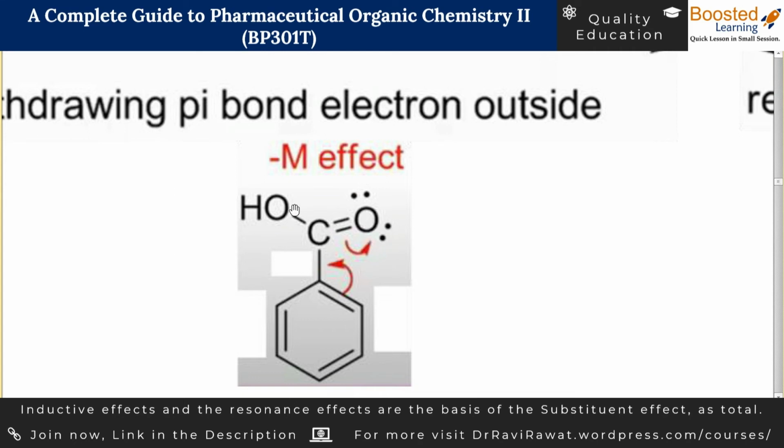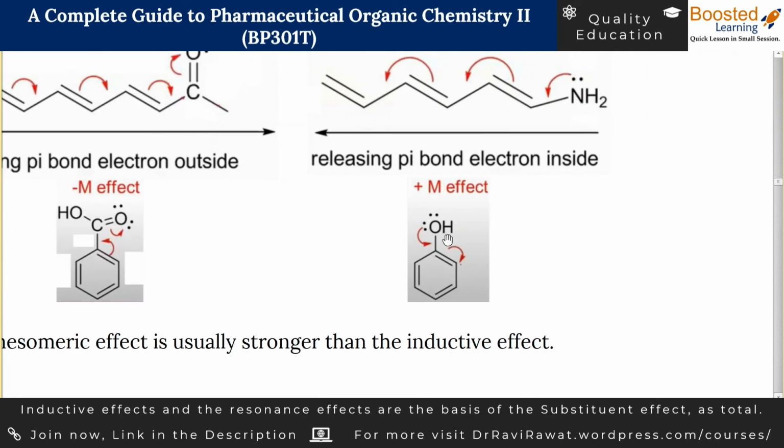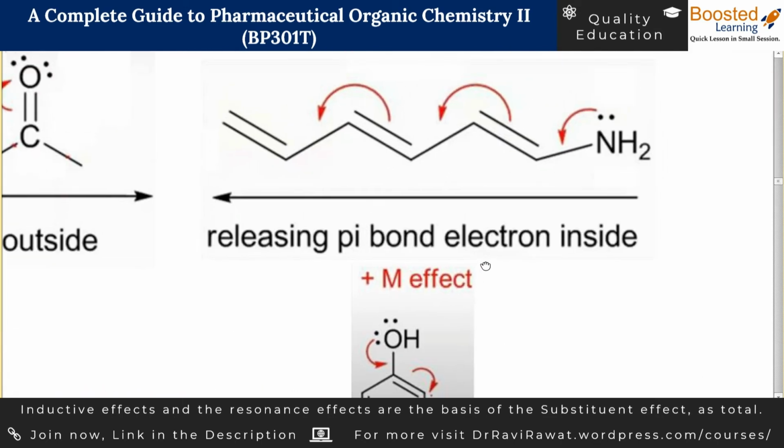So COOH can exert negative inductive effect and the negative mesomeric effect. So the same group is exerting its effect through two different modes, which are negative inductive effect and the negative mesomeric effect.